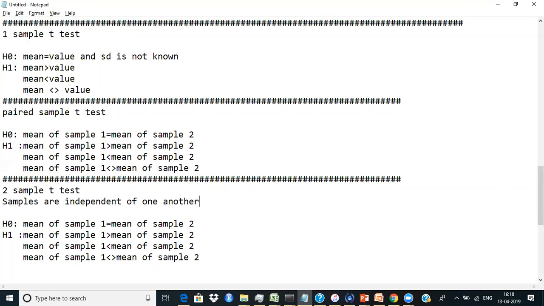But now we are comparing two different samples because it's gender. The parameter is the mean. Mean of sample one with one population. You understand what I'm trying to say?